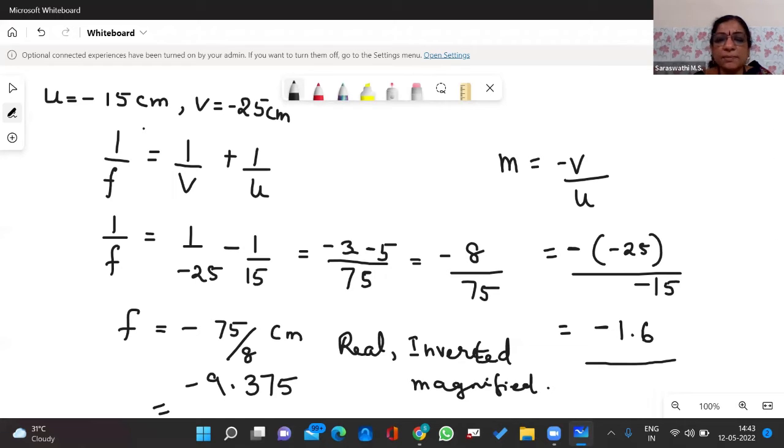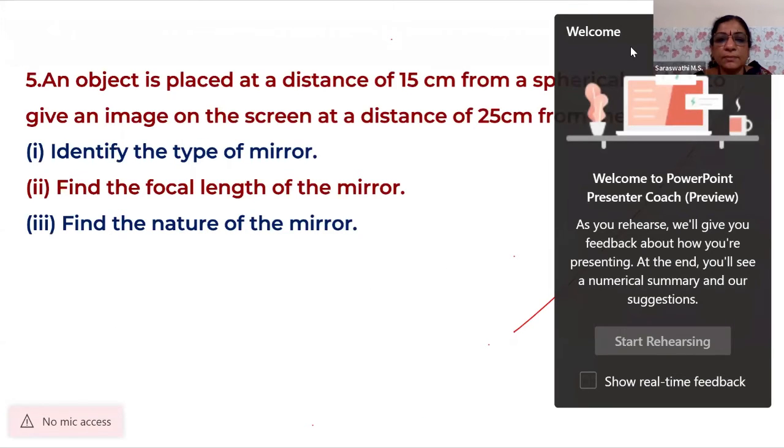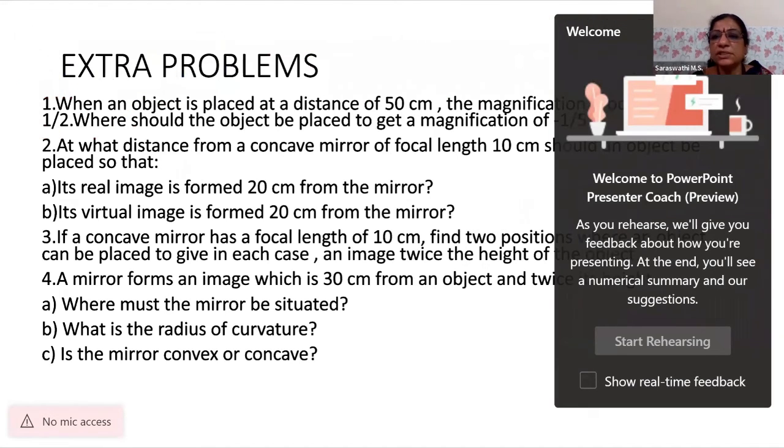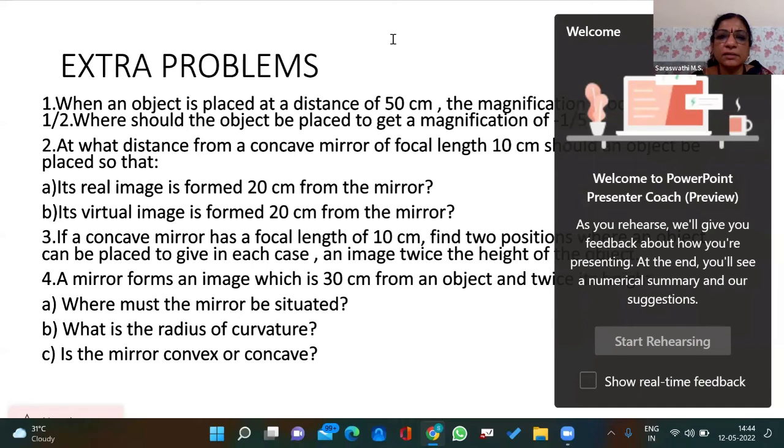Shall we do another sum? These are some extra problems.